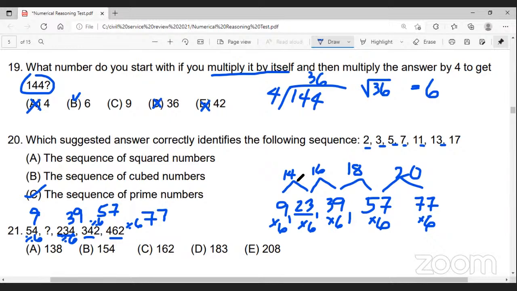If 14 is really the gap between 23 and 9, then we find that the unknown result here is 23. And that 23 will be utilized to multiply by 6 to get the correct answer among these choices. 23 times 6.